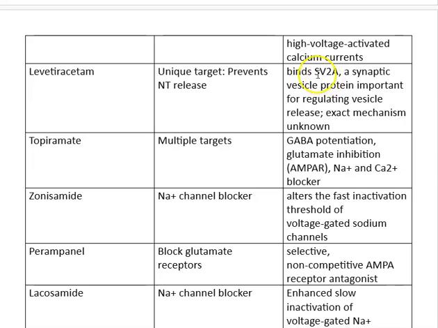That protein is SV2A, and it binds, and it probably somehow prevents other proteins from binding to it, so that you don't get the vesicle release. But again, the exact mechanism is unknown. So the drugs are created, they have a relative target, and we can see in experiments that it's doing this, but we don't know exactly how it works.